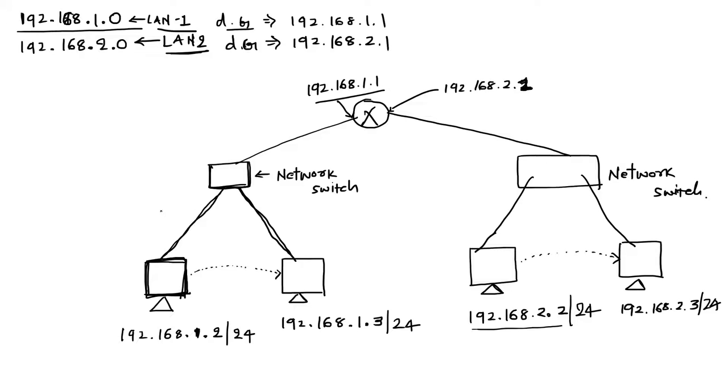Then we will check connectivity from 1.2 to 2.2. In this way our packet will flow, and we will get a reply from this PC to this switch.